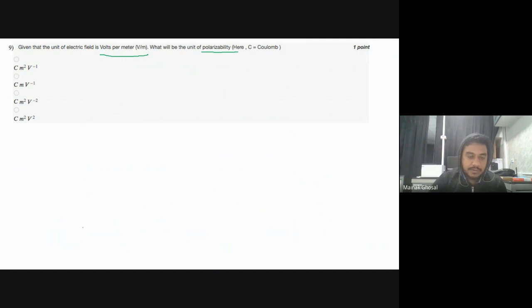You can find this answer in lecture number 41, where there was a derivation of the dimension of polarizability. Your equation tells that mu induced, the induced dipole moment, is proportional to E. In more general terms, you can write mu induced equals alpha E plus 1 by 2 beta E square plus so on.